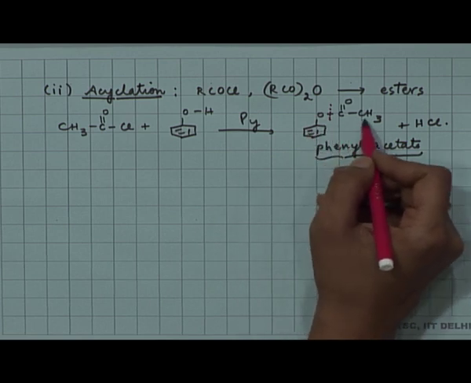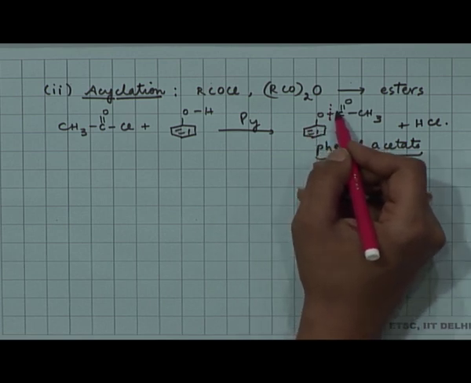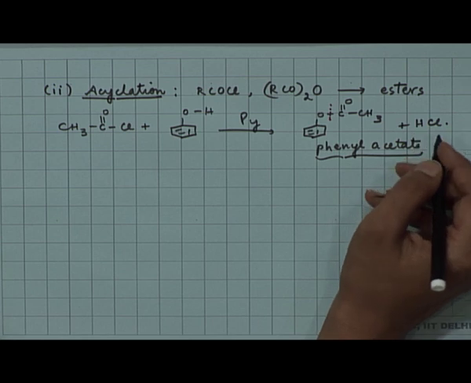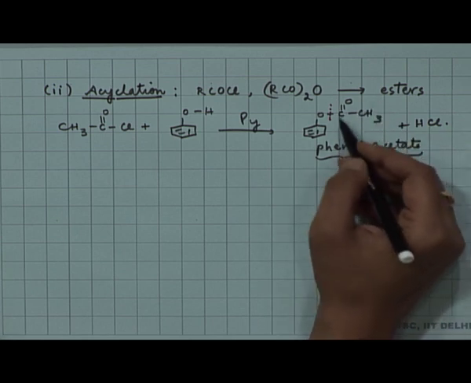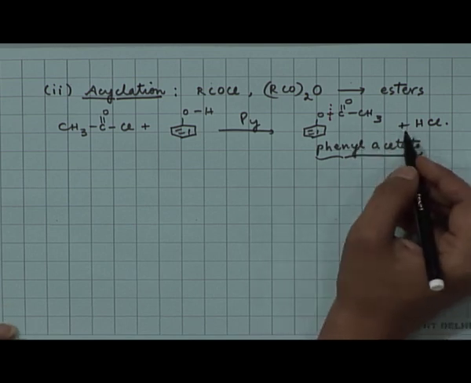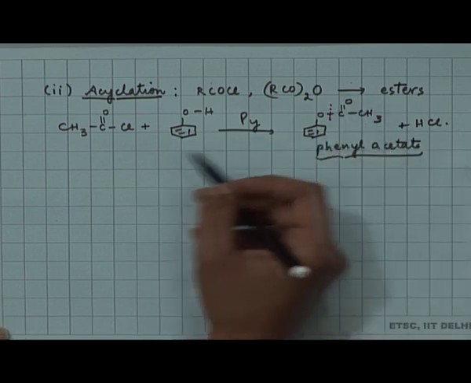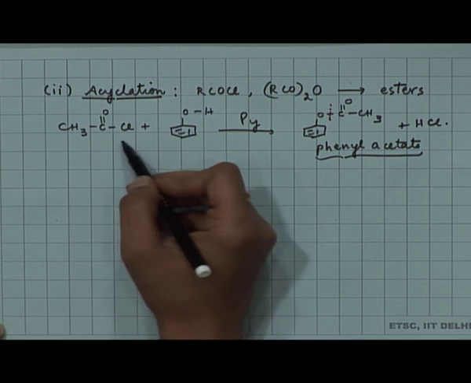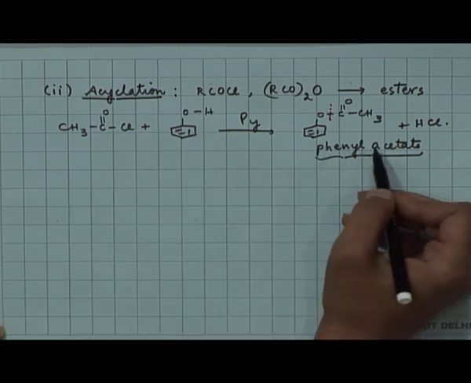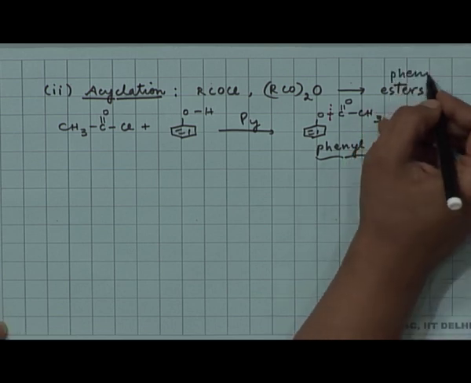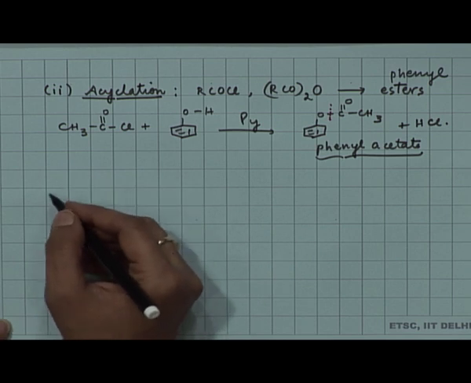So, this ester, if this reaction is carried out further in the presence of any Lewis acid, this is going to migrate to an ortho or a para position in the benzene ring. That happens under the influence of a Lewis acid, but otherwise if you carry out the pyridine assisted acylation of the phenol, you end up with a phenyl ester. So, in this case all your esters will be phenyl esters.